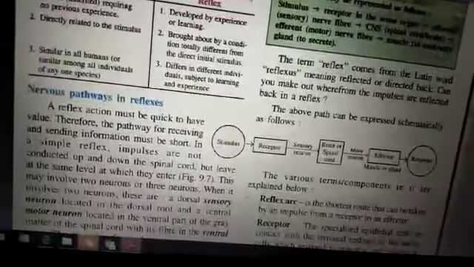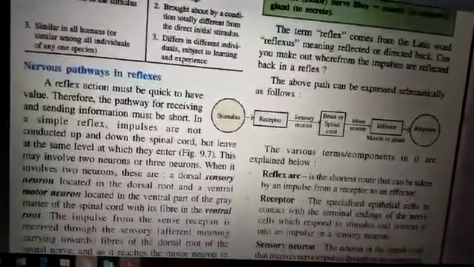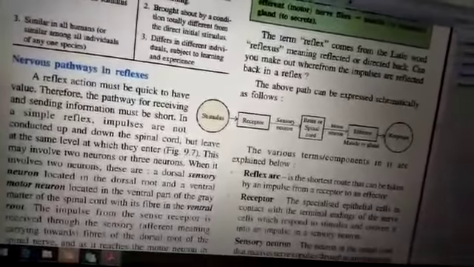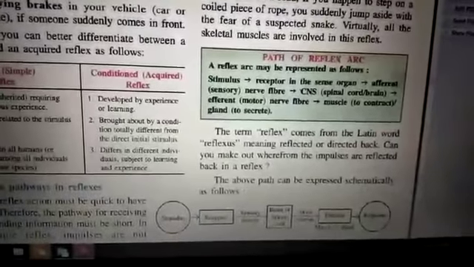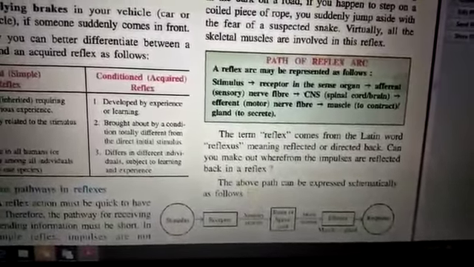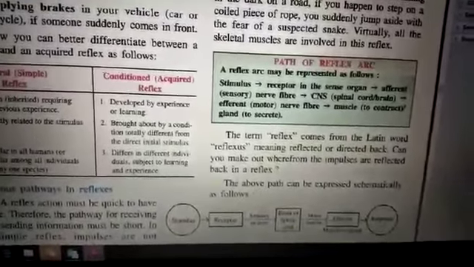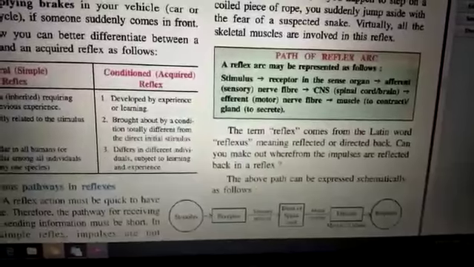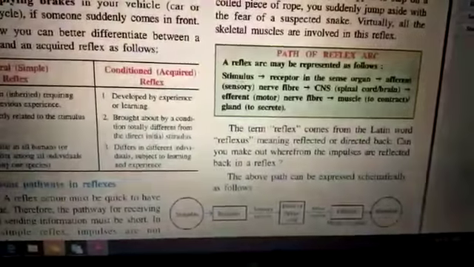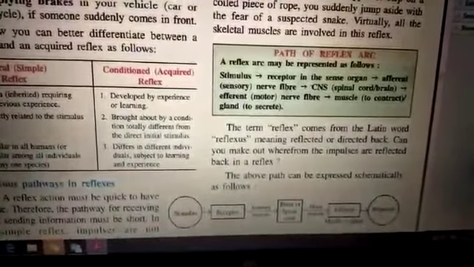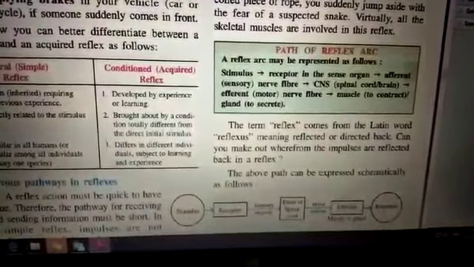In the next one, nervous pathways in reflexes. A very simple pathway is being shown of how the process is carried out. And just see in this figure what is being told. When you get the stimulation, it moves to the receptor in the sense organ.